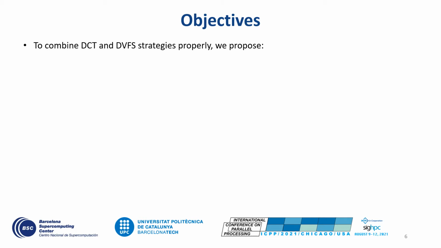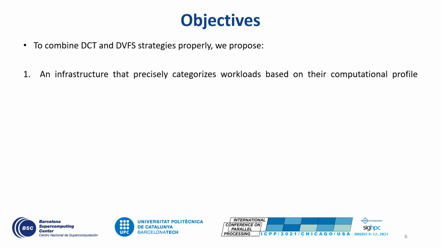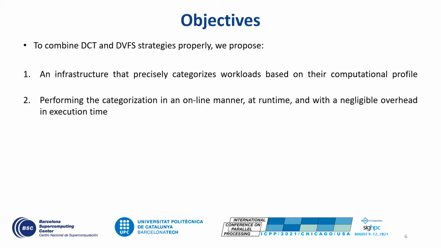So our proposal is that if we want to find a perfect combination of DCT and DVFS strategies, regardless of core or uncore, we need first an infrastructure that precisely categorizes workloads based on their computational profile. Second, we need this categorization to be online and at runtime, so that the decisions can be taken instantly, and with a negligible overhead in execution time, because we don't want to jeopardize performance.